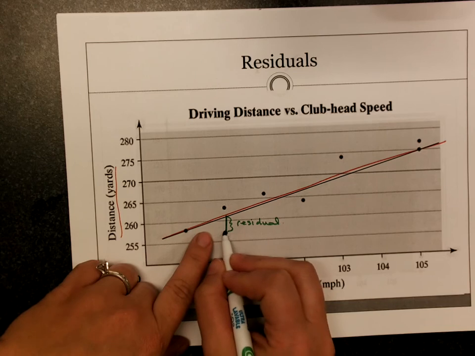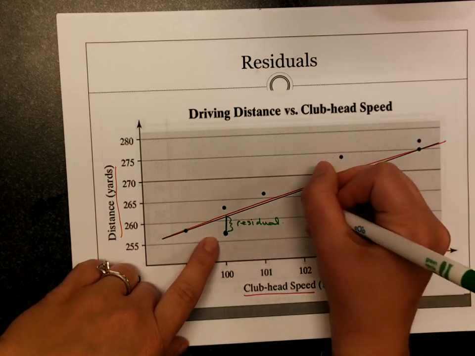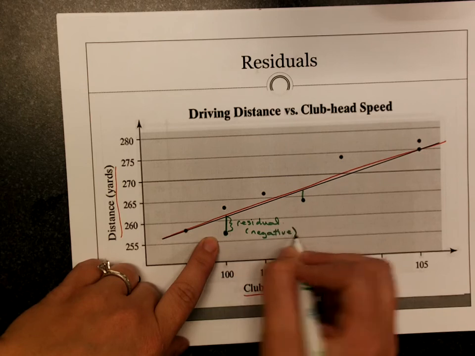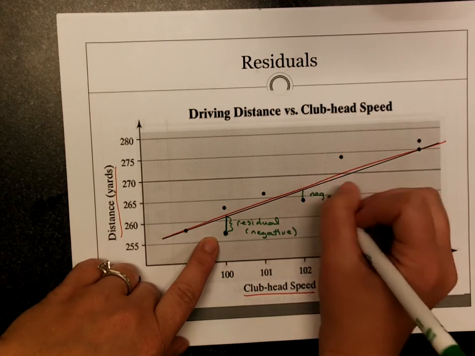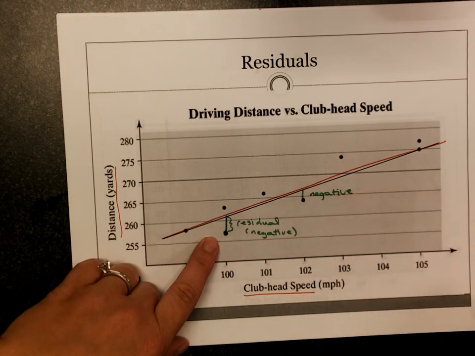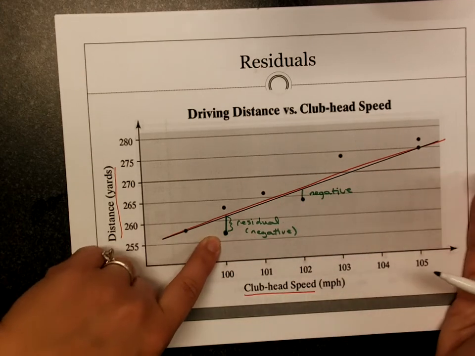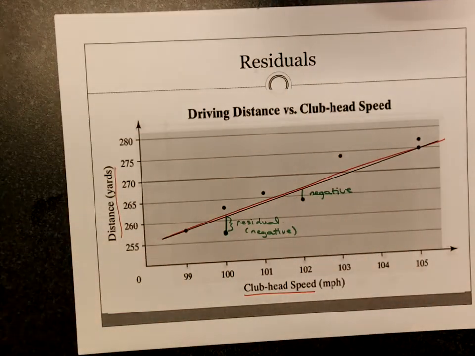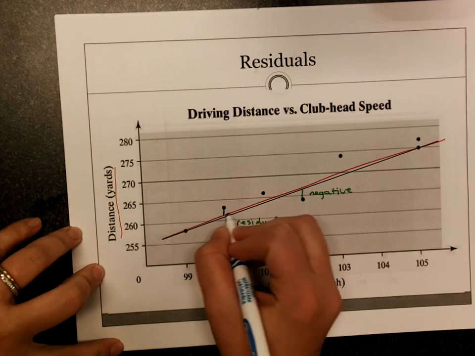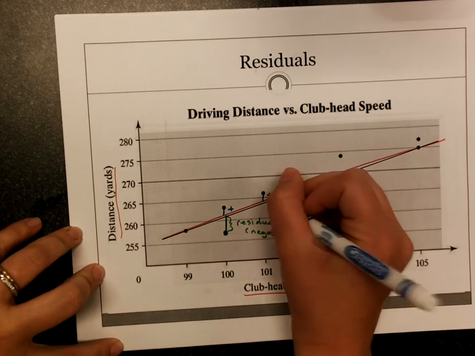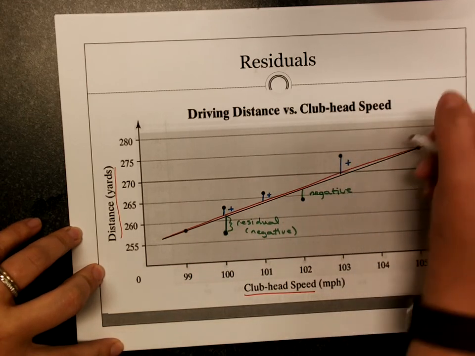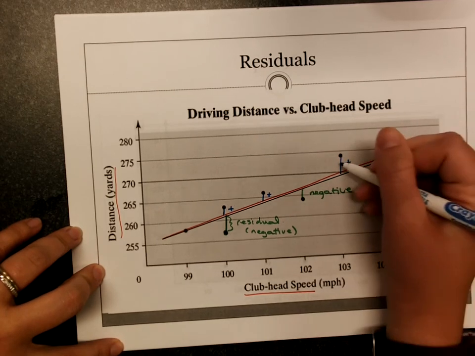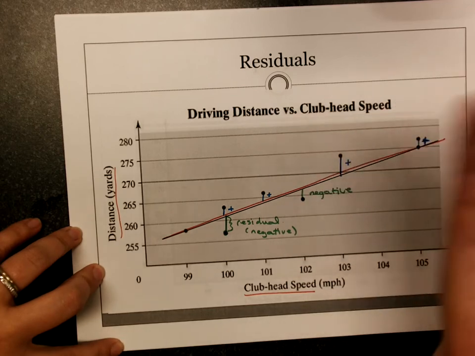If the data point is below the line, it will be a negative value. So that would be a negative residual. This would be a negative residual. Any others below the line of best fit is a negative residual. Any data point above the line is going to have a positive residual. So that would have a positive residual, that would have a positive residual, and that would have a positive residual. The further away the point is from the line, the bigger the value.